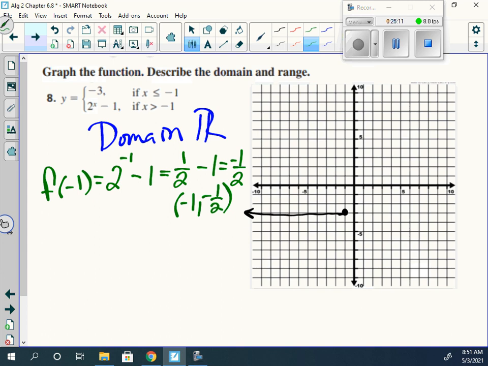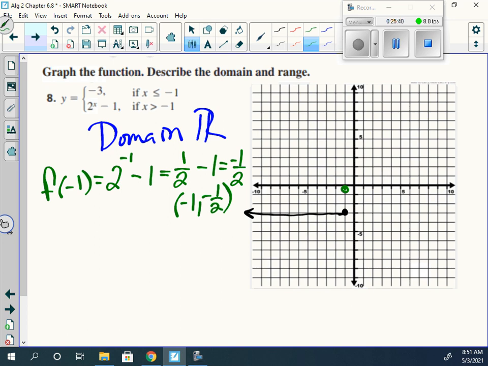And 1 minus 1/2 would be -1/2. So you can make a little circle between 0 and -1 on the graph.